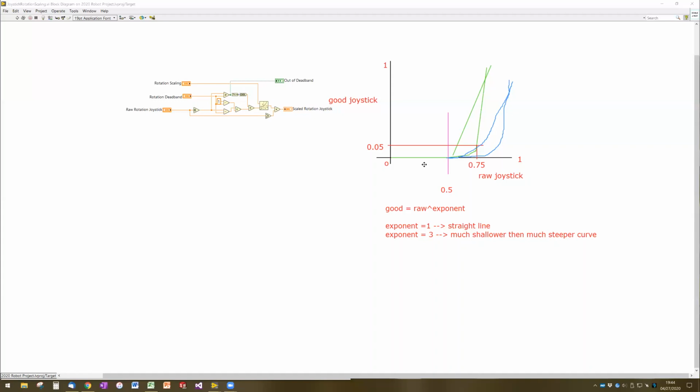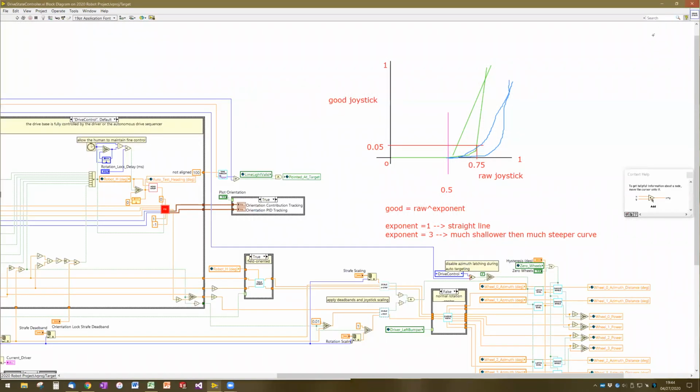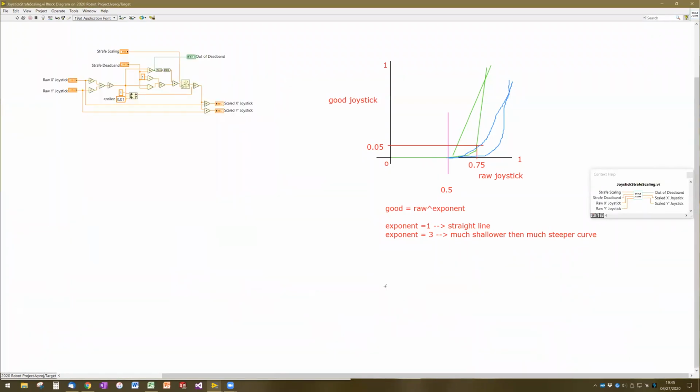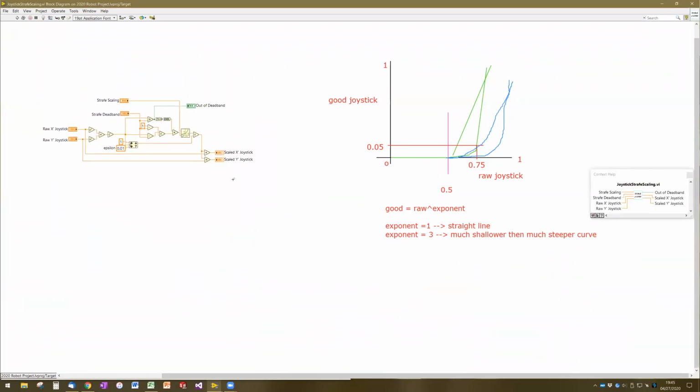Yep. Okay. So we've got to be a little bit more careful with applying the deadbands on the translation stick. Basically, what we did here was, instead of applying the scaling and the deadbands to the x and y axes independently, we only applied them to the magnitude portion.